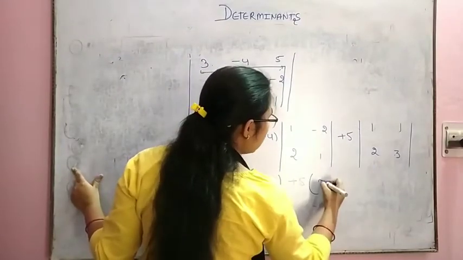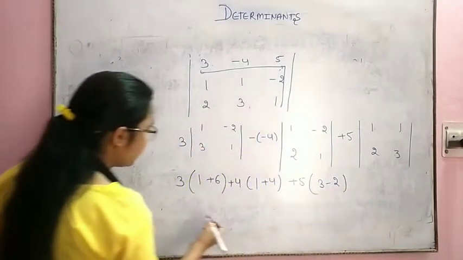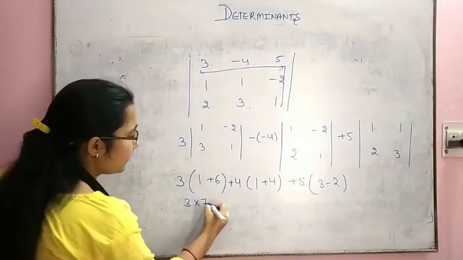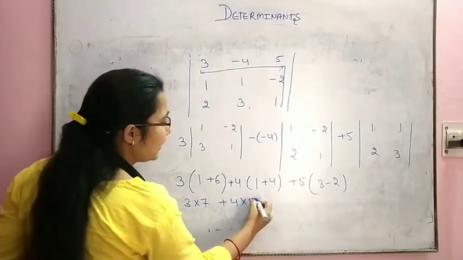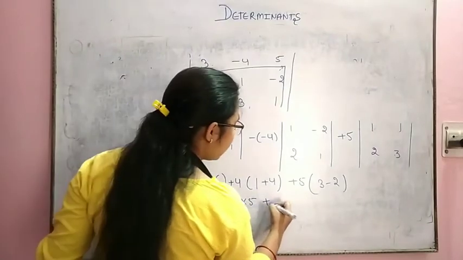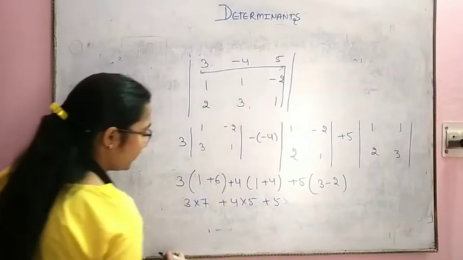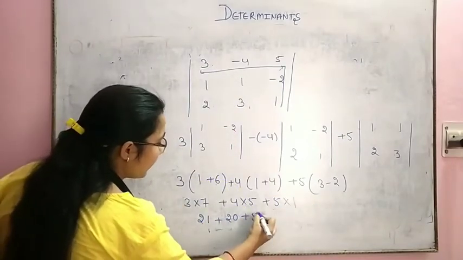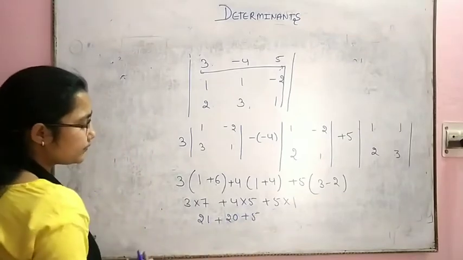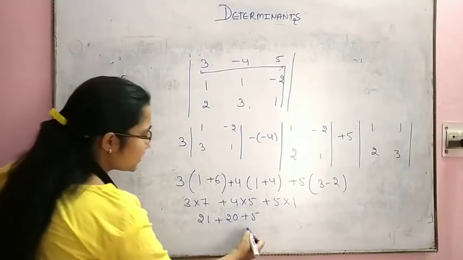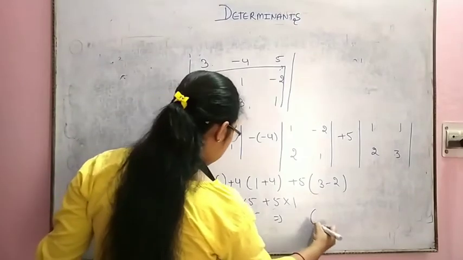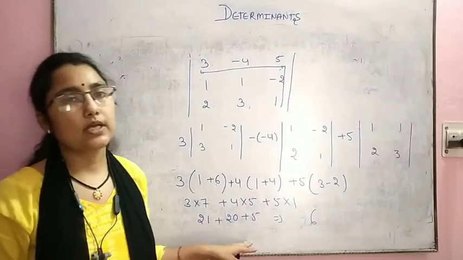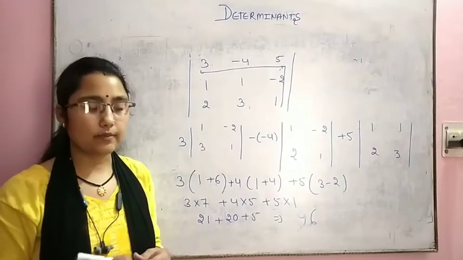We get 1 times 3 is 3 and minus 2 here. So 6 plus 1 is 7. So this will be multiplied by 7 and this by 4 plus 1, 5, and 5 by 1. We get 21 here, 20 here and 5 here. Now add these all. 50 plus 1 this is 6 and 2 plus 2 this is 4. So we get 46 as the value of this determinant.